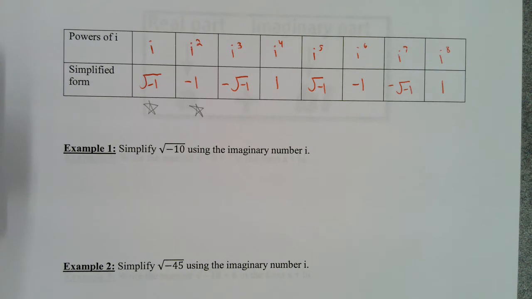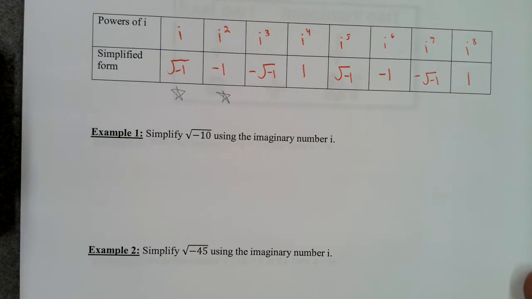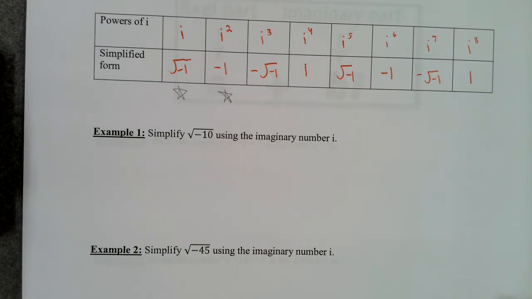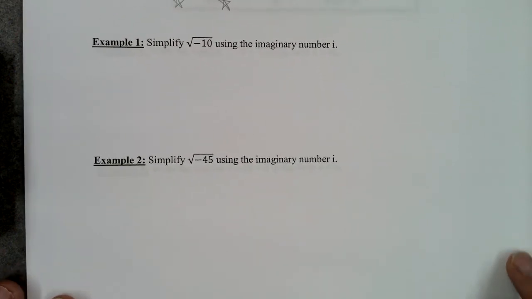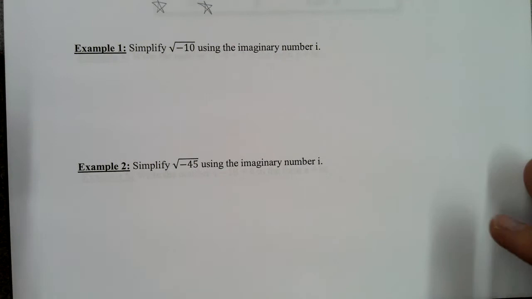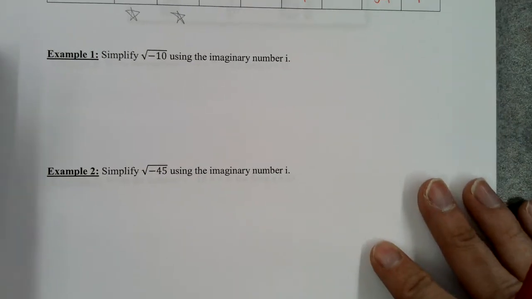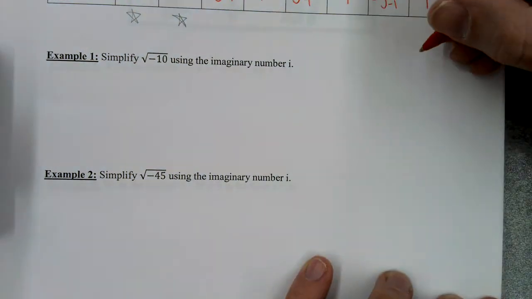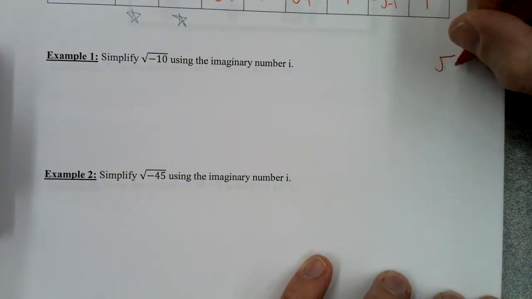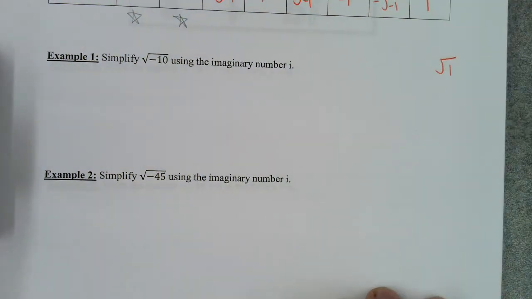So for these problems, let me write it off to the side over here. If you remember back to Algebra 1 and geometry, whenever you want to simplify square roots, you're going to use perfect square numbers, like the square root of 1, because 1 is a perfect square because it equals 1 times 1.